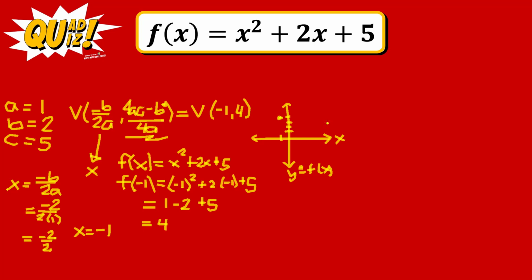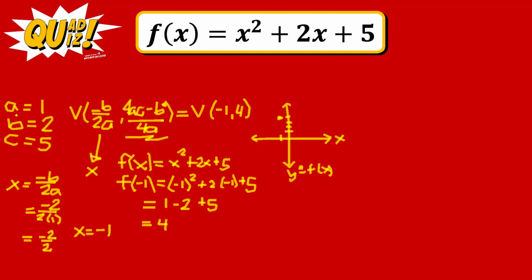One thing that we can do when analyzing or predicting our graph is looking at the concavity. Where does it open? Does it open upward or downward? So look at our A coefficient. You might want to review previous videos on this.